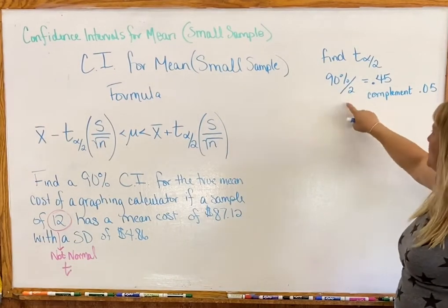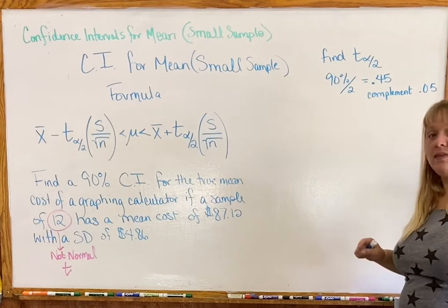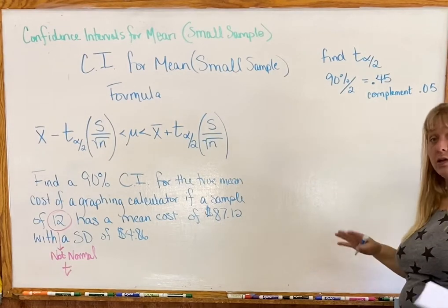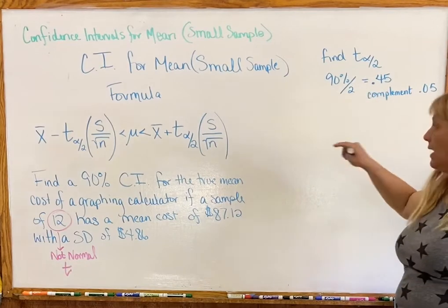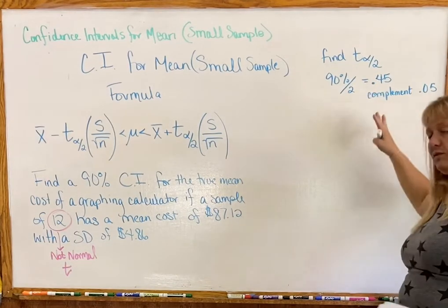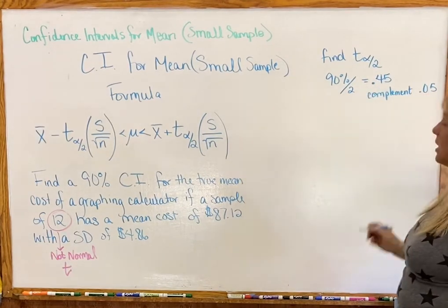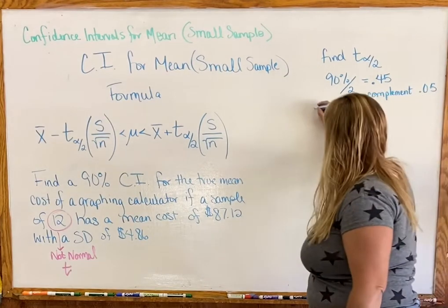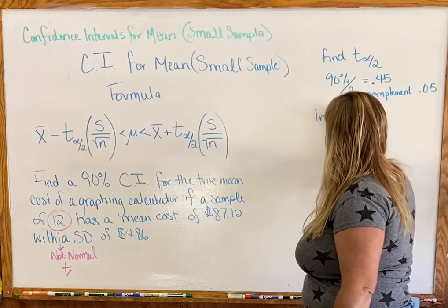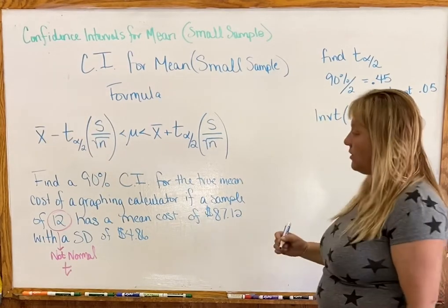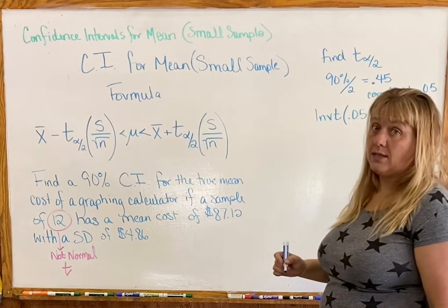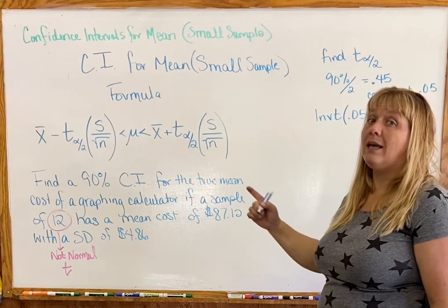I'm doing that now without showing the graph. If you need to draw the graph and do it like we did the last 2 examples, go for it. If not, you can think it out. But we come up with a complement of 0.05. So we need to find inverse t. We're going to use 0.05, and our degrees of freedom is going to be 11.